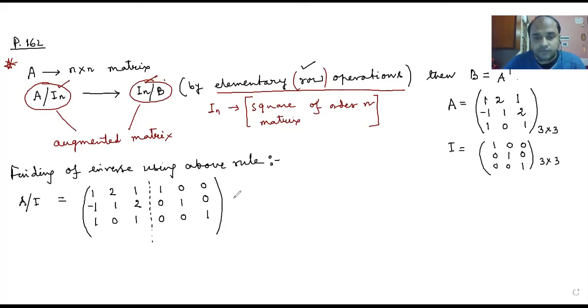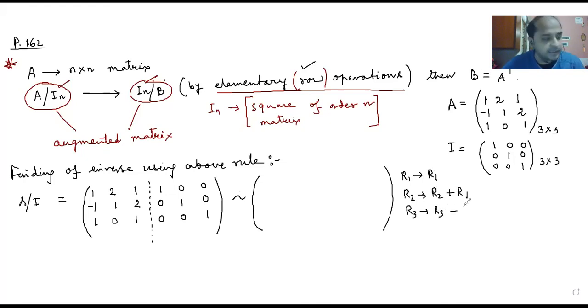Now let us begin and see what comes. This matrix is equivalent to: I can keep row 1 unchanged, row 2 can be written as row 2 plus row 1, and row 3 can be written as row 3 minus row 1.